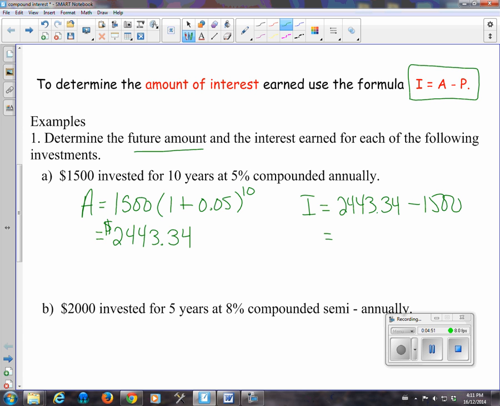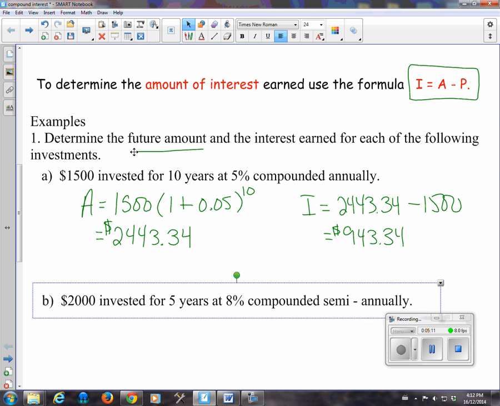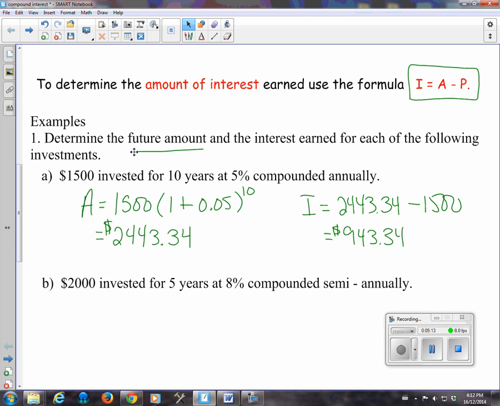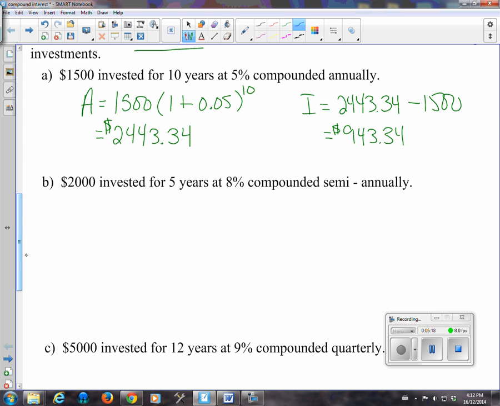So my interest earned, when I subtract those two numbers, is 2,443.34 minus 1,500, $943.34 in interest. So the whole key is to making sure you use your formula correctly and understand that it is the amount plus the interest.